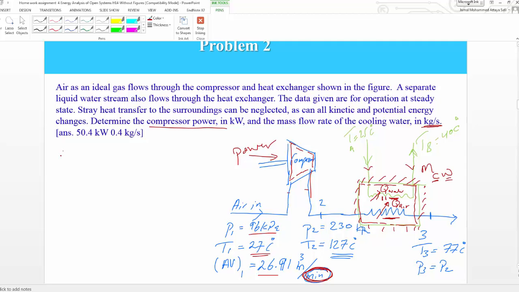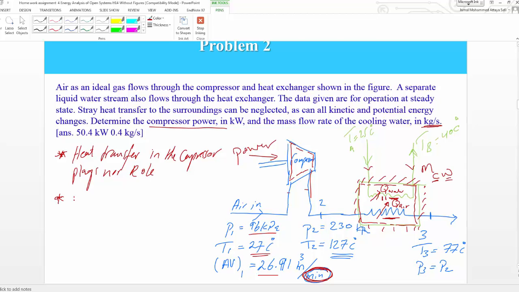Now some of the assumptions that we need for the control volume of the compressor: we assume that there are no heat losses here, so heat transfer in the compressor plays no role, at least here.